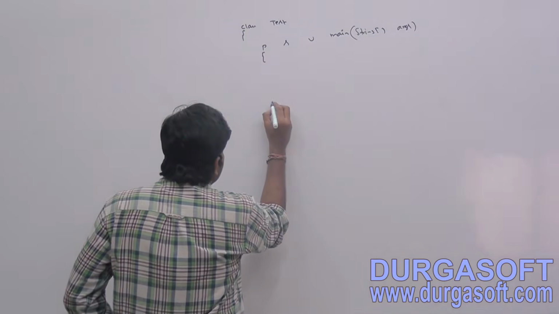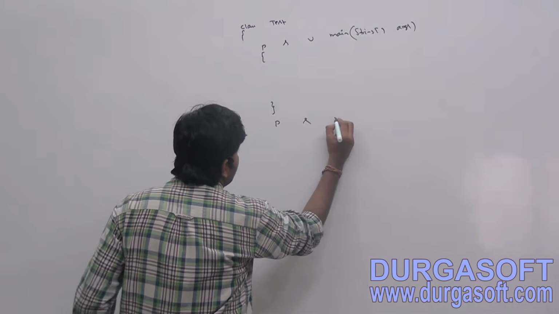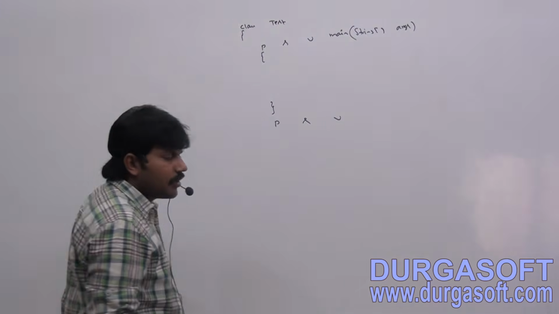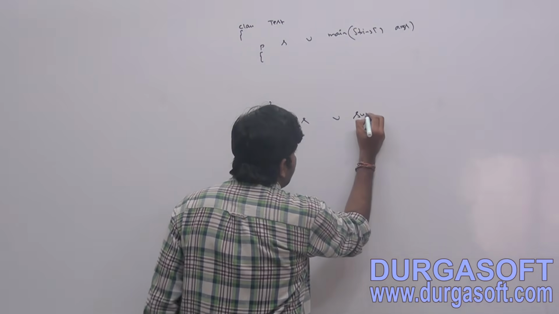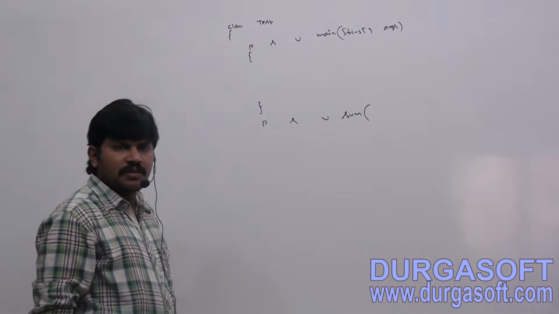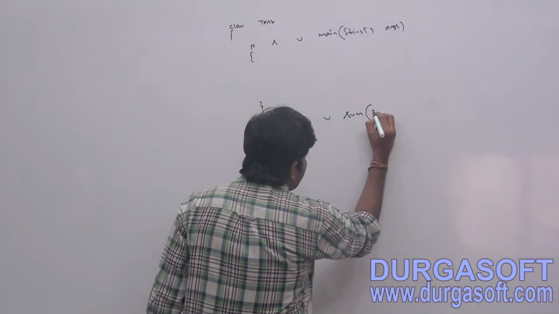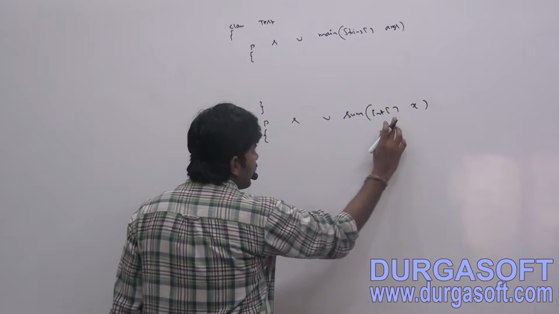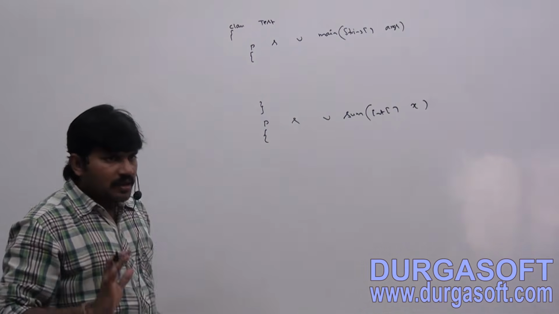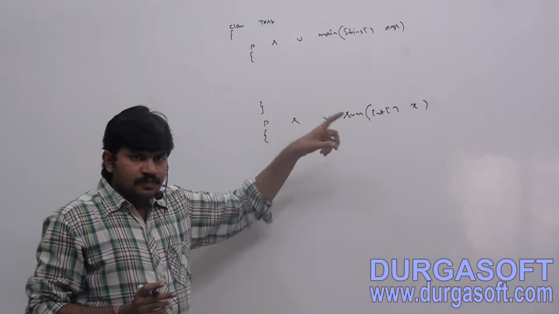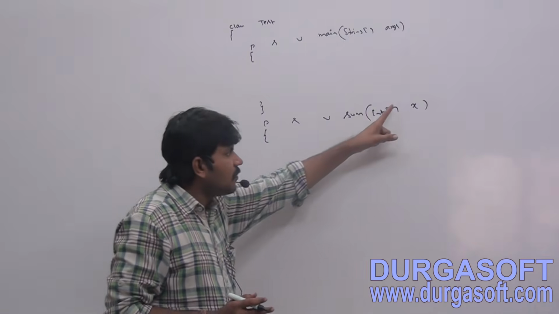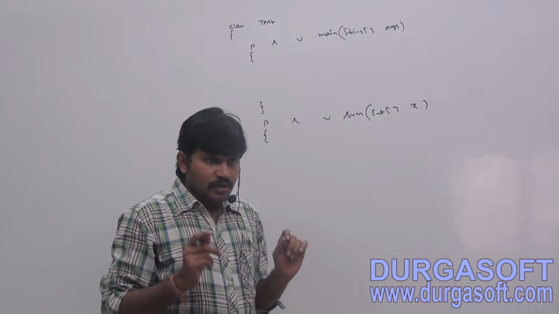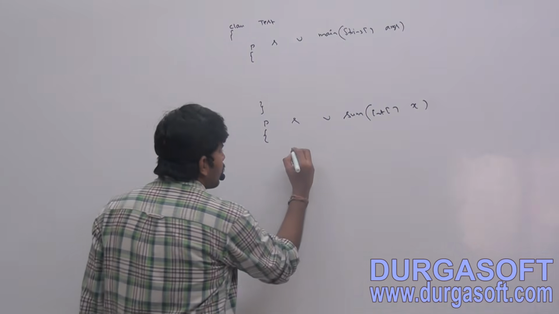Now, sir, just observe, I have one method, public static void sum. The sum method can take an int array as argument. The purpose of the sum method is to print the sum of elements present in this array.